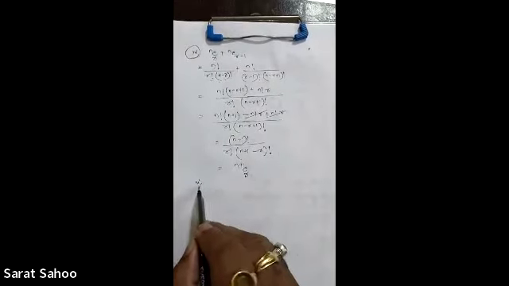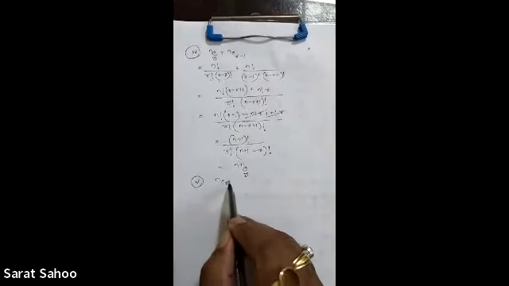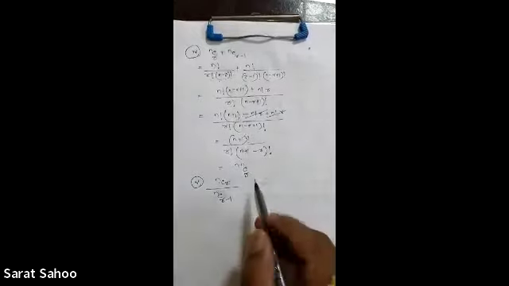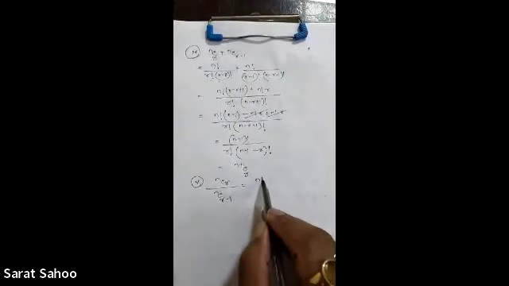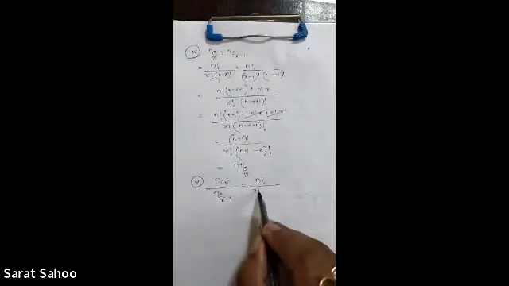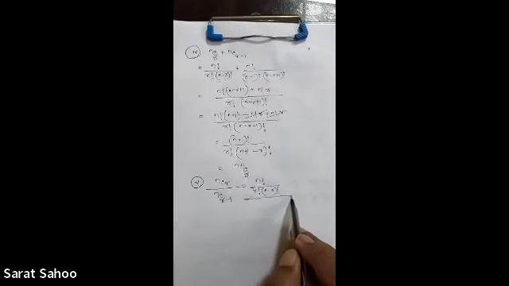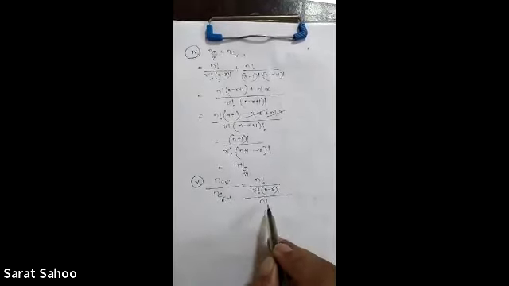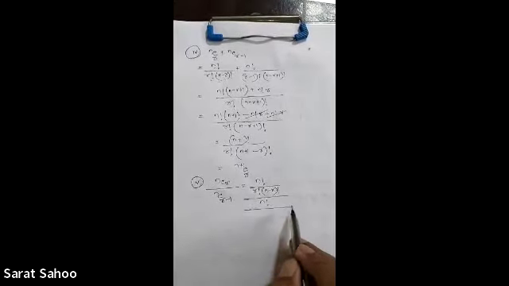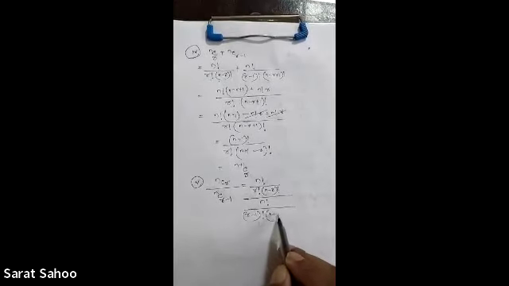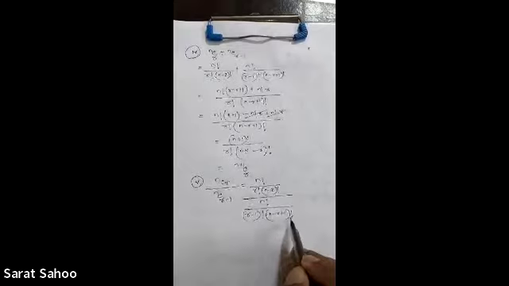Okay, then come to the fifth one. nCr upon nC(r-1) is n factorial upon r factorial into (n minus r) factorial, divided by n factorial upon (r minus 1) factorial into (n minus r plus 1) factorial.